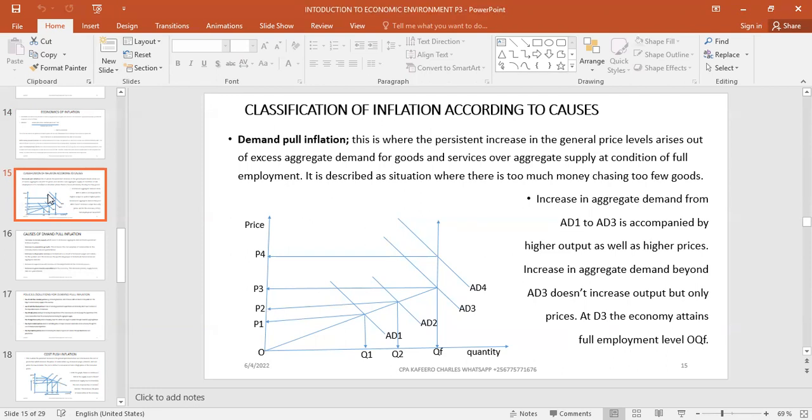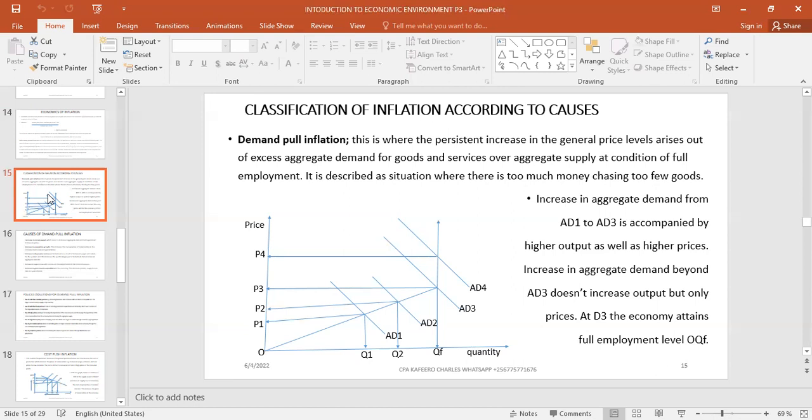There are more people who are willing and able to buy the goods. Secondly, there is a low aggregate supply, meaning that the people are willing to buy the goods, but the suppliers or the goods themselves, they are not there. What causes that is this condition of full employment.